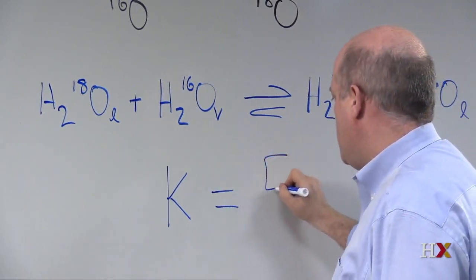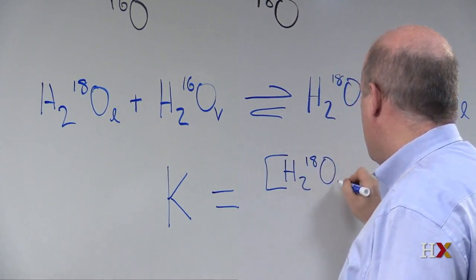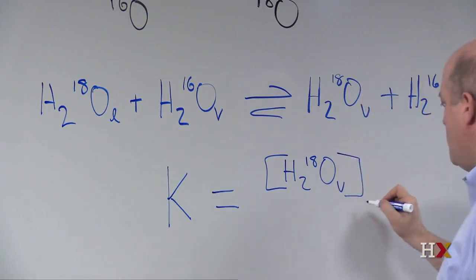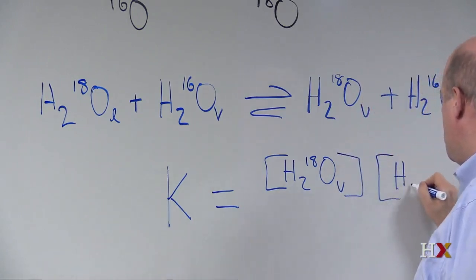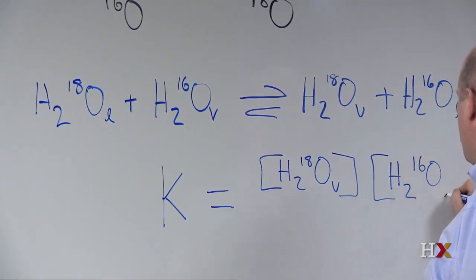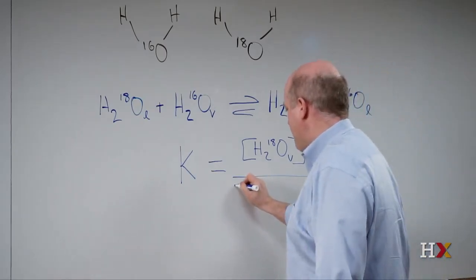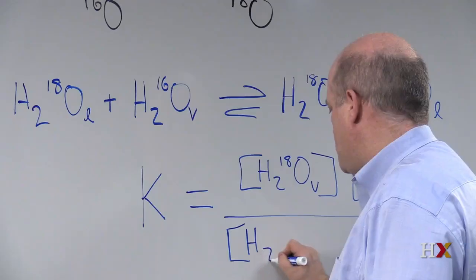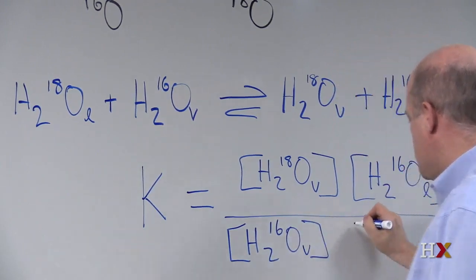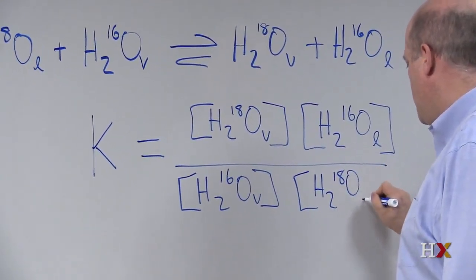And that's very simply H2O18 in the vapor times H2O16 in the liquid, divided by H2O16 in the vapor times H2O18 in the liquid.